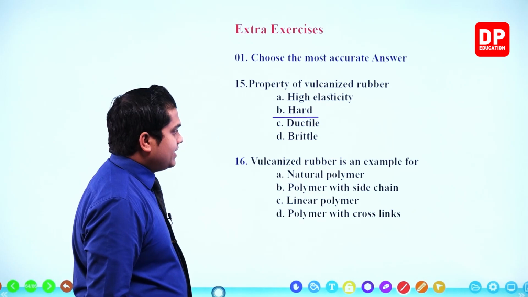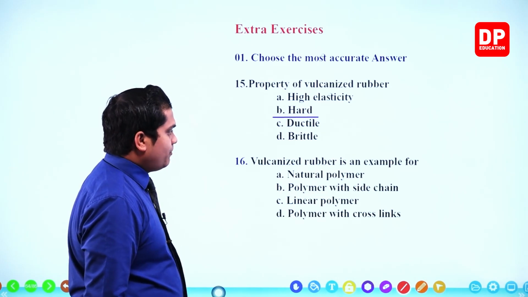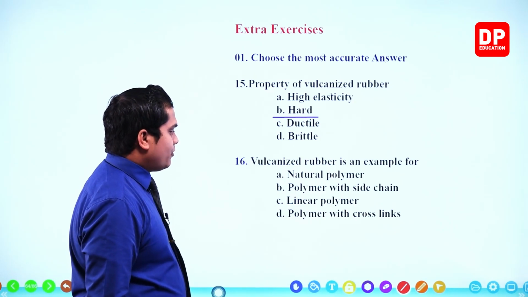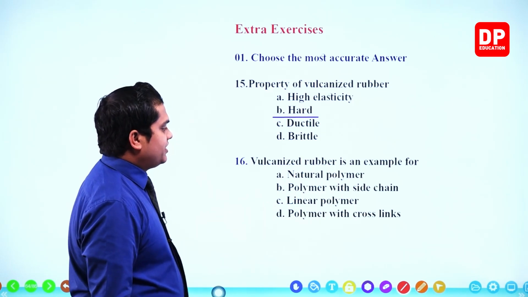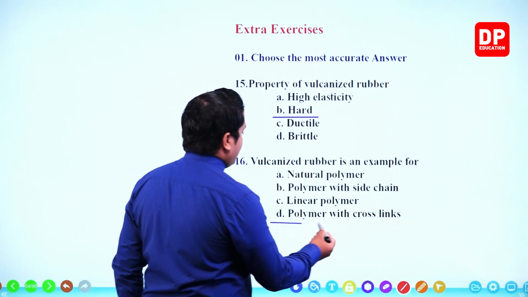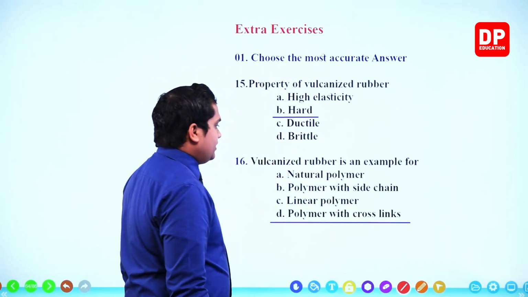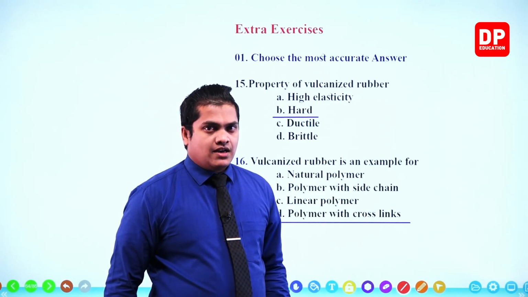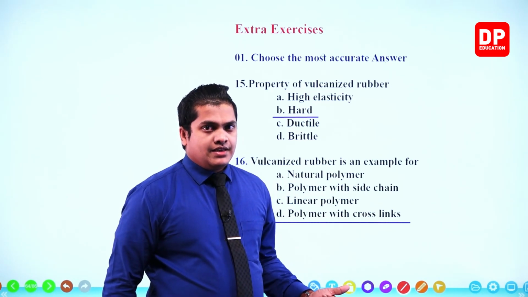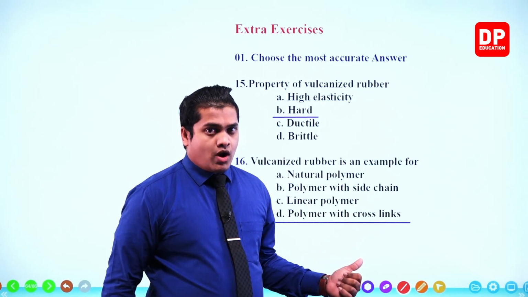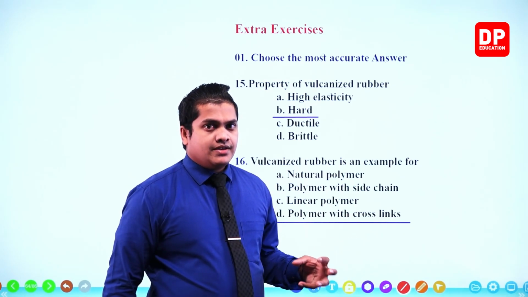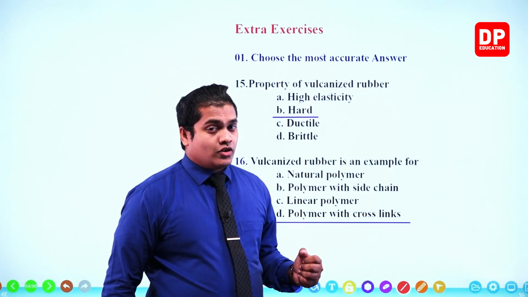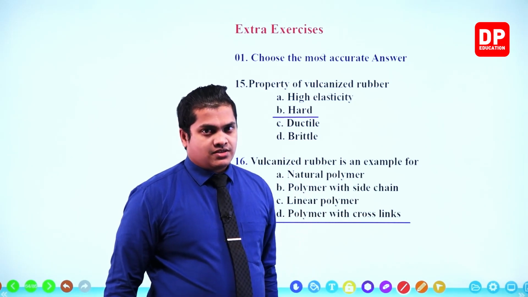Vulcanized rubber is an example for natural polymer, polymer with side chain, linear polymer, polymer with cross links. So we discussed that by the reaction of sulfur with linear chains of rubber, we are going to create vulcanized rubber which has no side chains but cross links, my dear children.